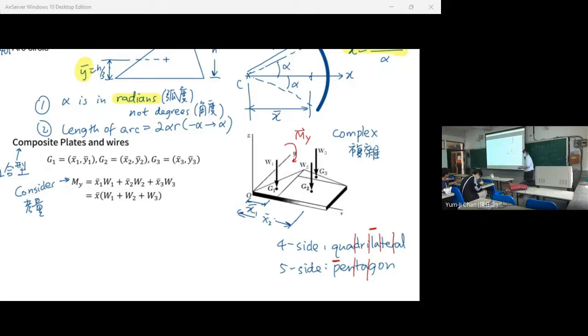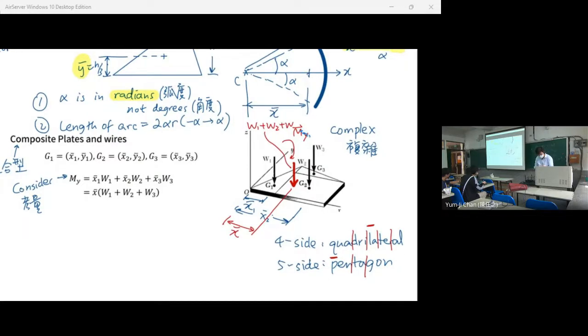Now, if the centroid of the whole area is x bar here, it should be equal to, and for this one is W1 plus W2 plus W3, right?